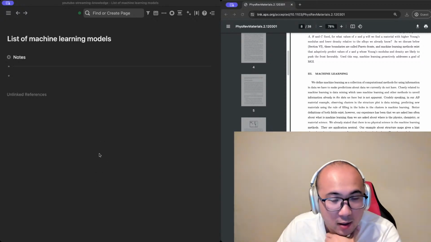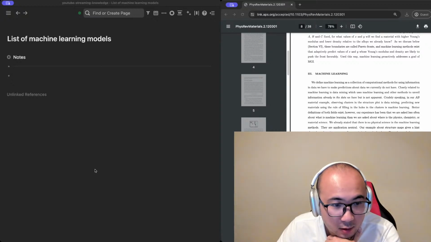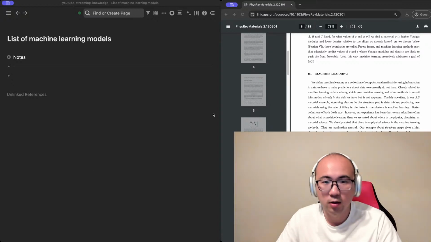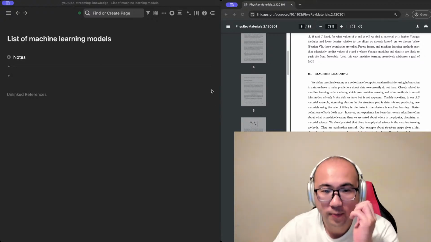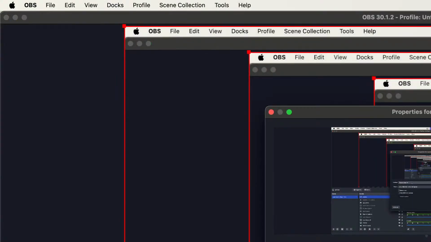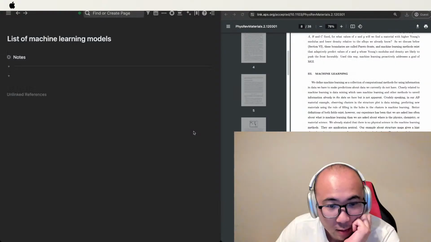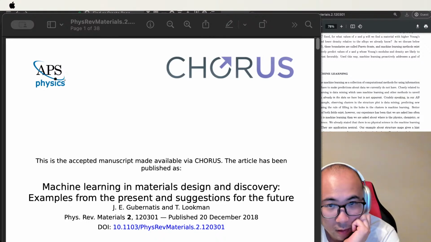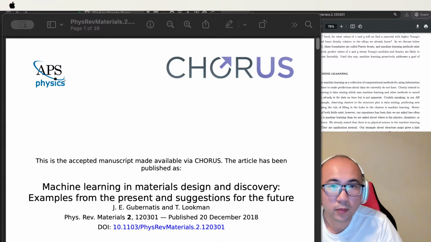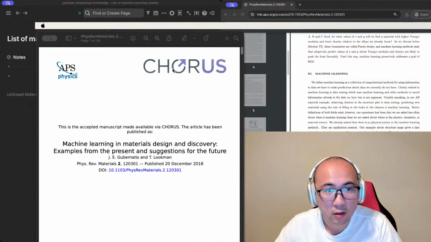So maybe I should add another one, like macOS screen capture. This is a preview. No, application capture. It's really large.